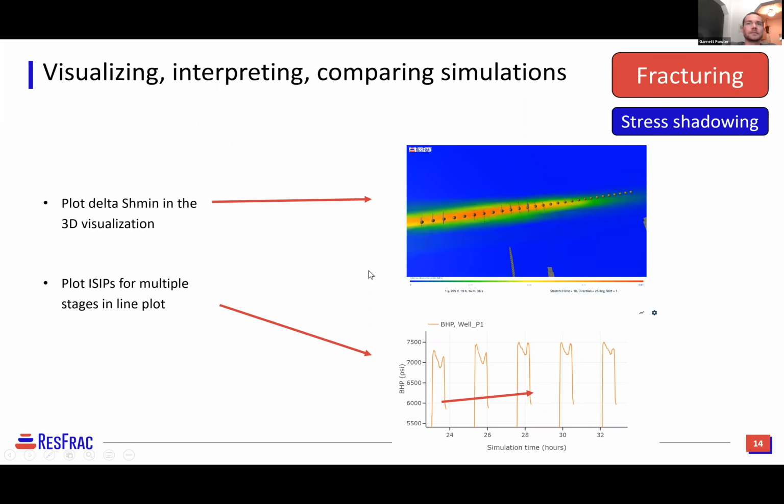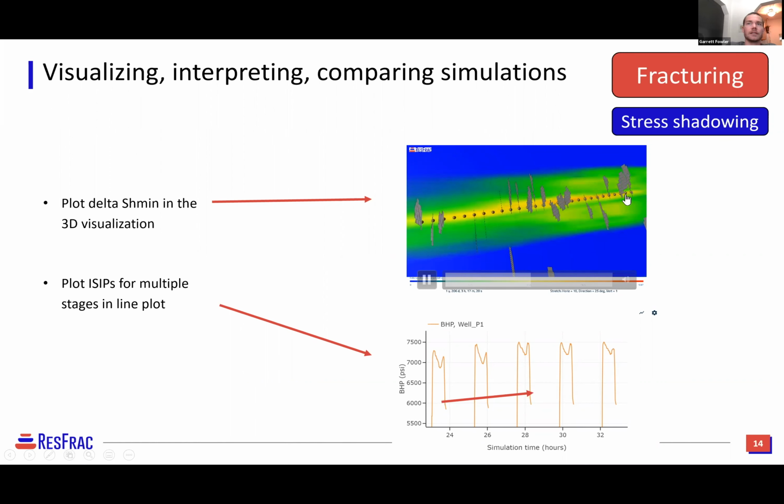And then you can actually make a video and see how that stress shadow evolves through time. So that's the first stage, and here's the second stage. I could pause at certain points and compare if one stage versus another exhibited higher stress shadow. And here we see that there's some degree of locked-in stress shadow as the aperture of these fractures never fully returns to zero.